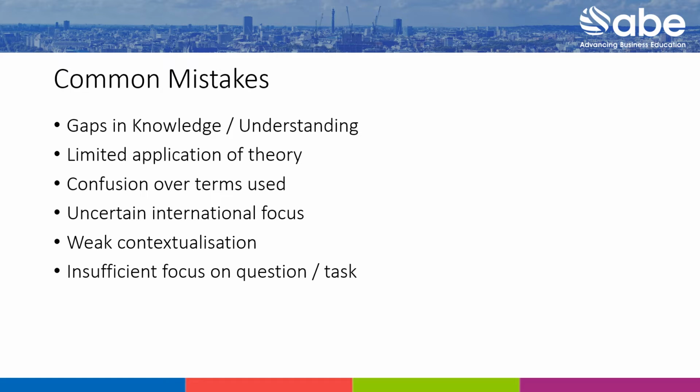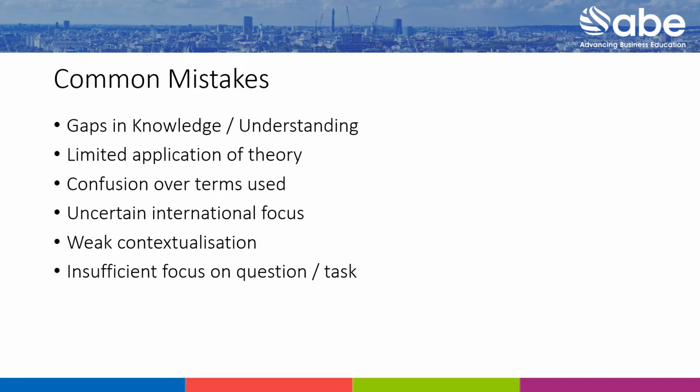For example, where social and cultural factors are asked for, often there is no comment at all on social factors, but there may be comment on cultural factors. Another example is where the task or the question is asking for an understanding of managing performance and risk.